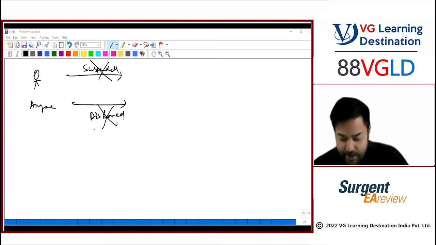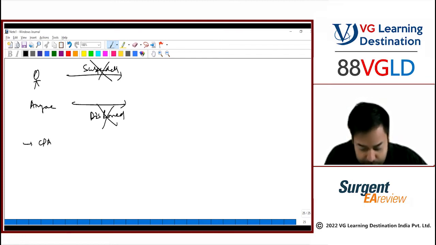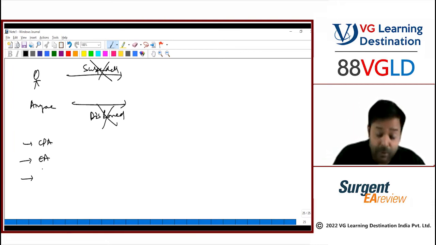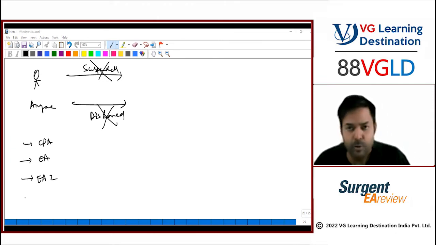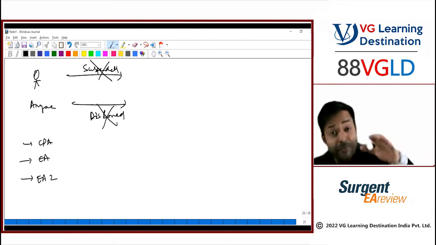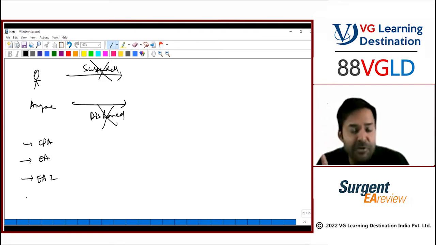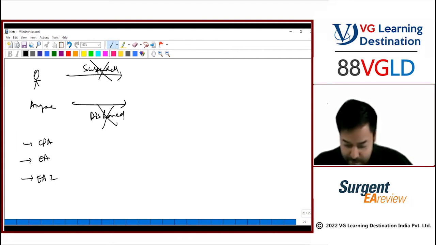So it could be any CPA, any EA, any enrolled actuary, I'm just calling it EA too. It could be any attorney also. Provided you are not suspended or disbarred for any of your deeds in the past. If you have been suspended, that means you are not eligible to practice before the IRS.